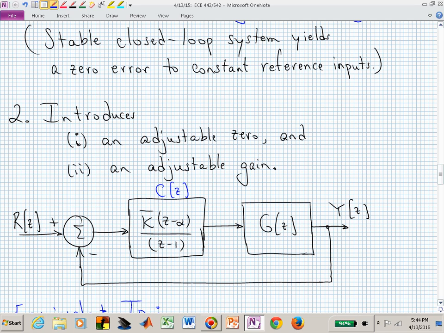But if you just say, I want a 0 here at some alpha, you can back out the gain values for K sub P and K sub I. And K sub P is really just that K bar. You have the ability to select alpha and K bar in a PI controller.